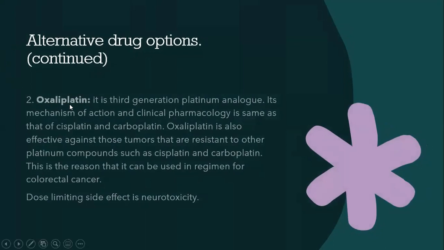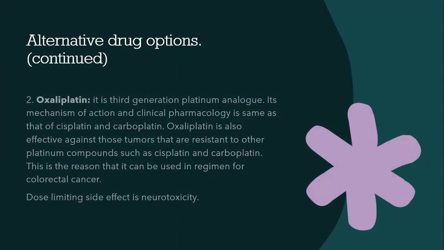And oxaliplatin is another drug which can be used as an alternative to cisplatin. It is a third generation platinum analog and it has the same mechanism of action and pharmacological properties as cisplatin and carboplatin. Another advantage of using oxaliplatin over other platinum analogs is that it is effective against tumors that are resistant to cisplatin and carboplatin.